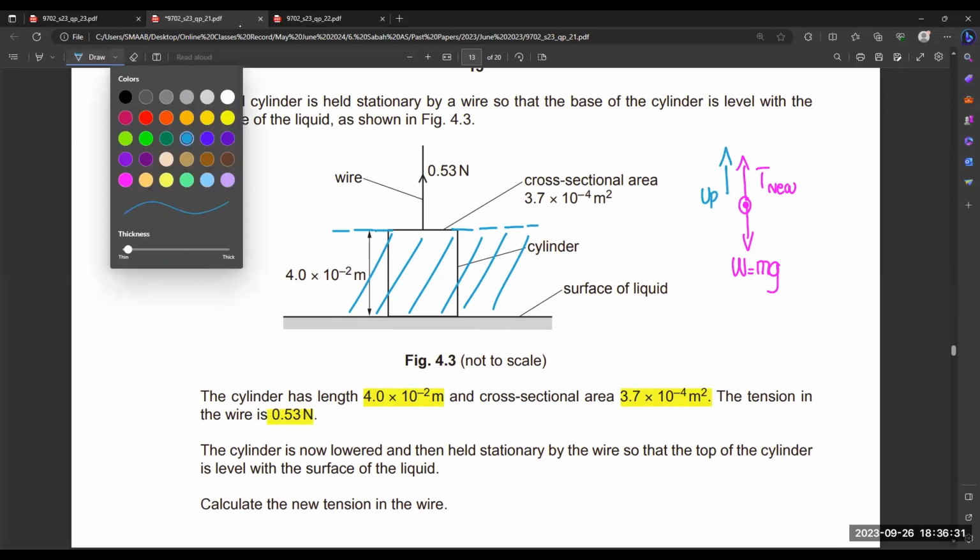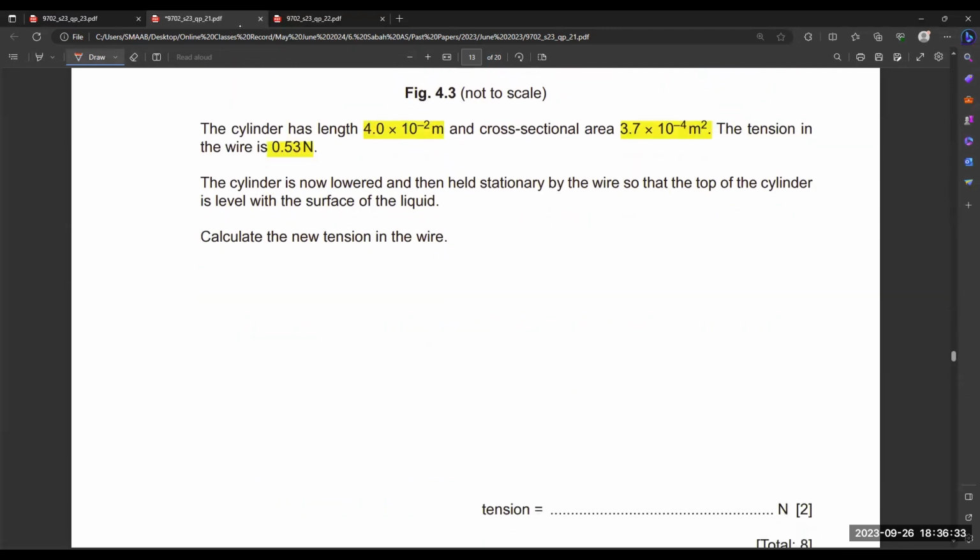Yeah. So your final equation is that new tension plus the upthrust force is equal to the weight of the body, right? Yes. And what you have to do now?